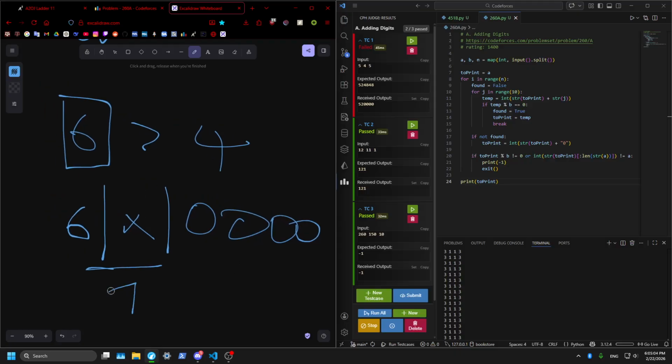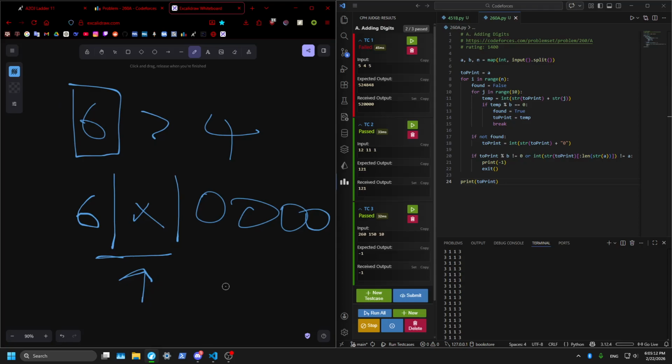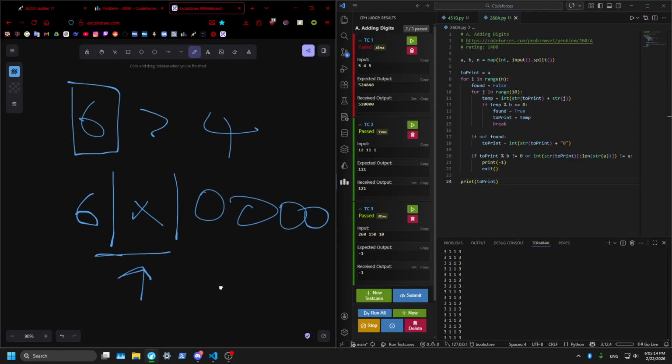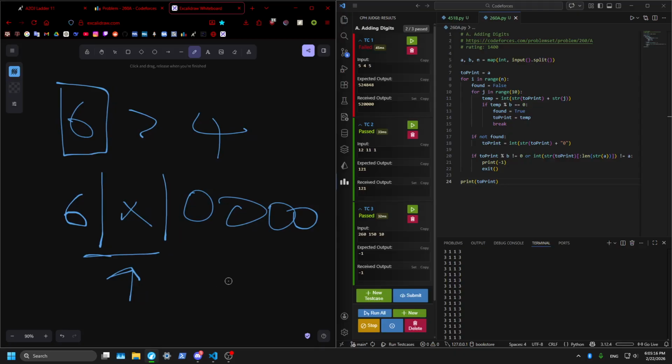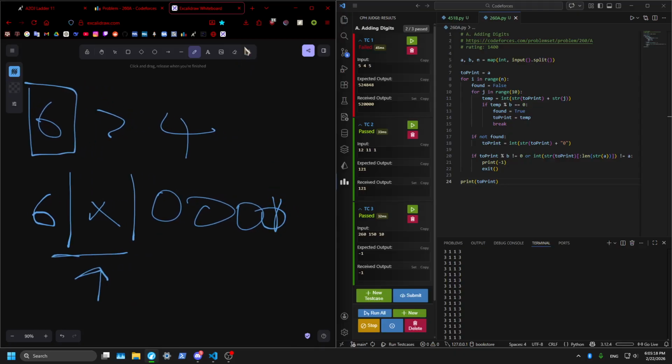So low key, only this number matters. So we just look from, also there should be 3 zeros.